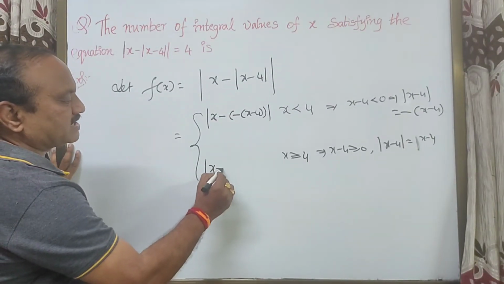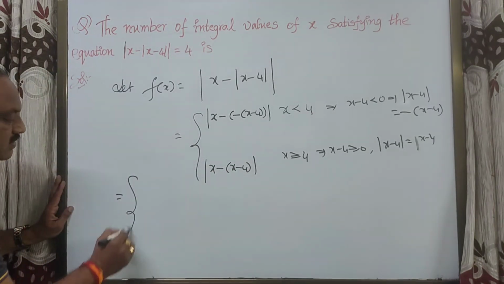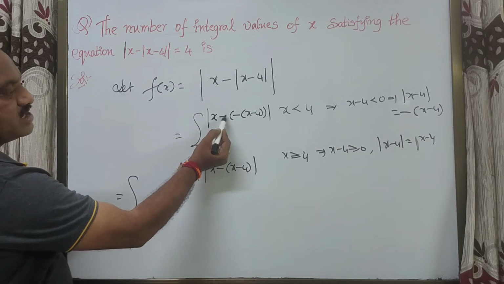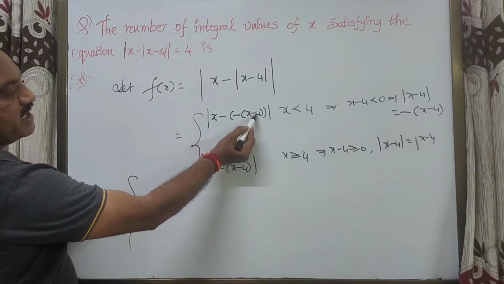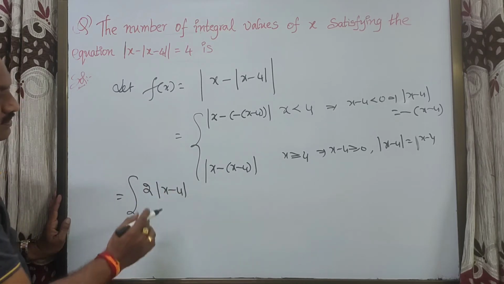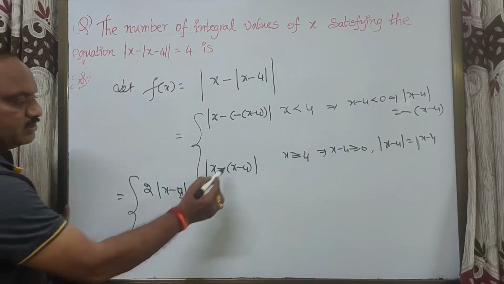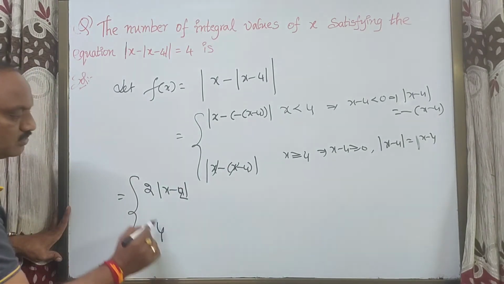Mod of x minus mod of x minus 4 is equal to minus x plus 2x minus 4 when x is less than 4. Take 2 common, it becomes 2 into mod of x minus 2. When you take 2 common, when you multiply x it becomes only 4.